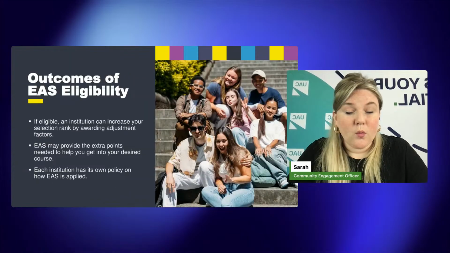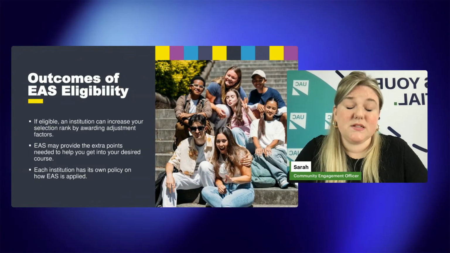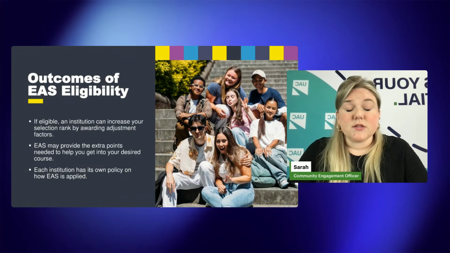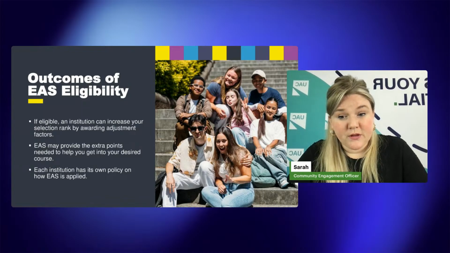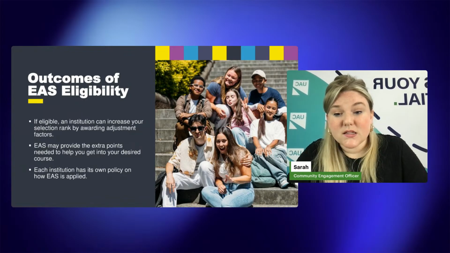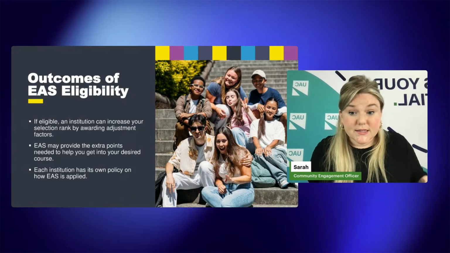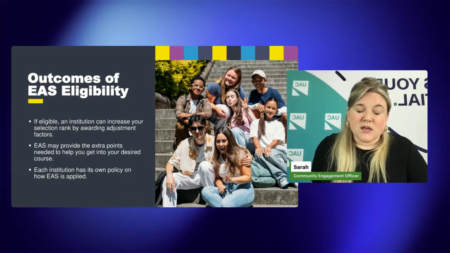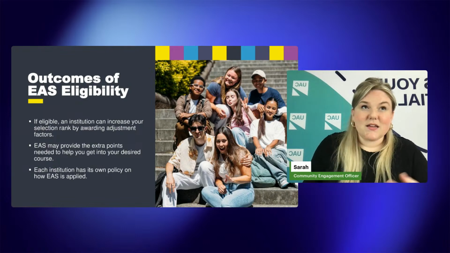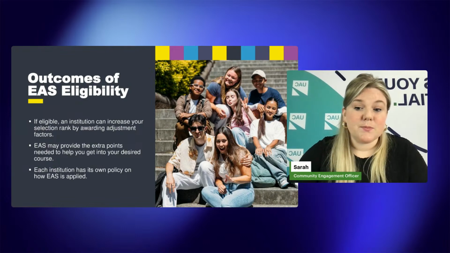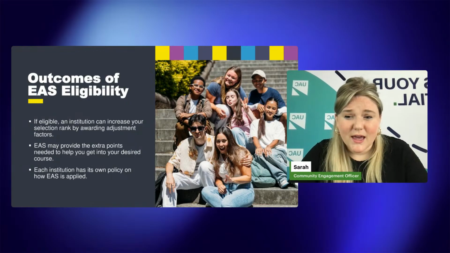So, what are the outcomes if you're deemed to be eligible? If you're eligible for EAS, an institution can increase your selection rank by awarding adjustment factors. Adjustment factors can sometimes be referred to as bonus points. Okay.